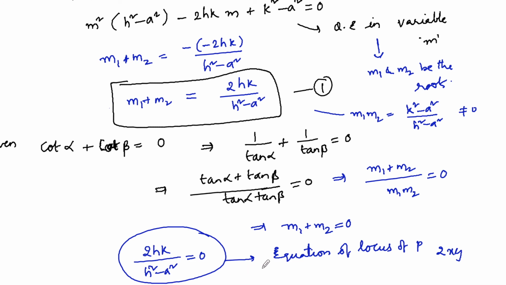This is possible for hk = 0, and h² − a² cannot be equal to 0, and hence we can write the equation as xy = 0. So let's not consider the denominator. So xy = 0 is the locus of the point P (h, k).